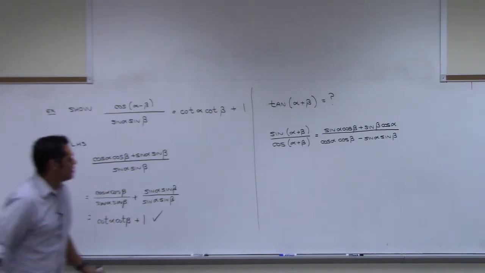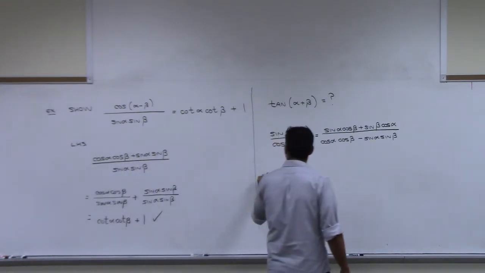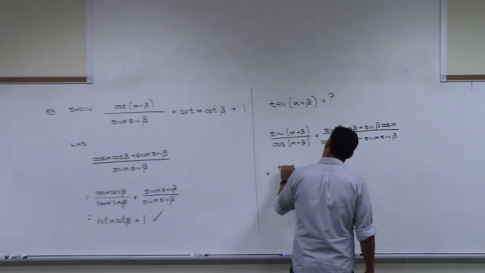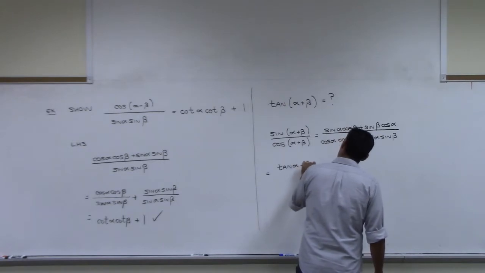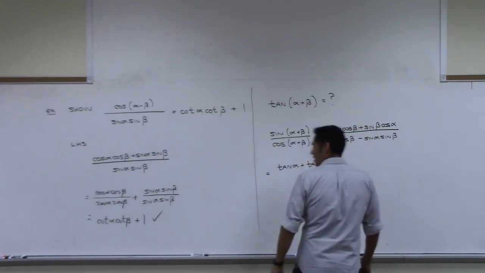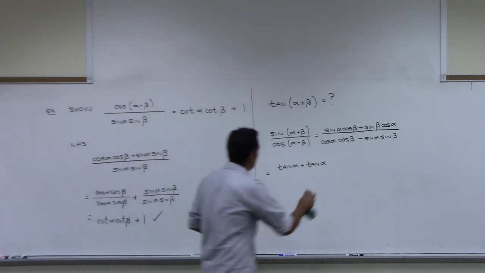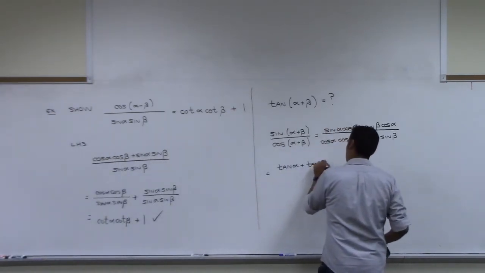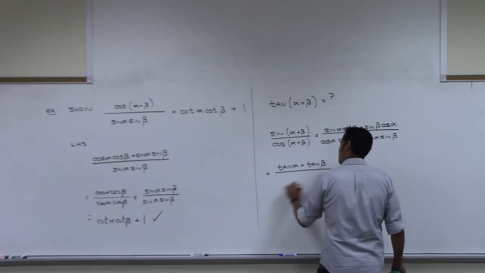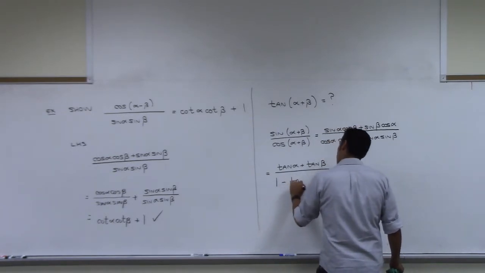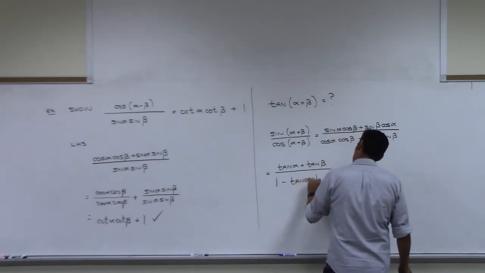Tangent alpha plus tangent beta over 1 minus tangent alpha times tangent beta.